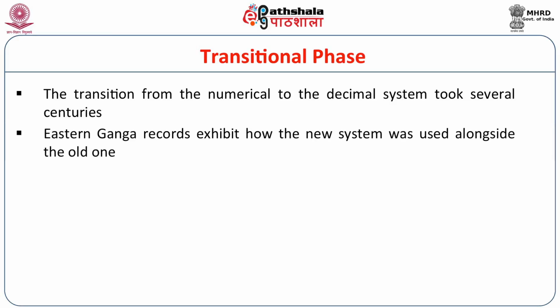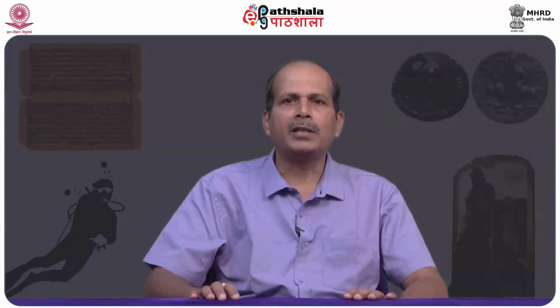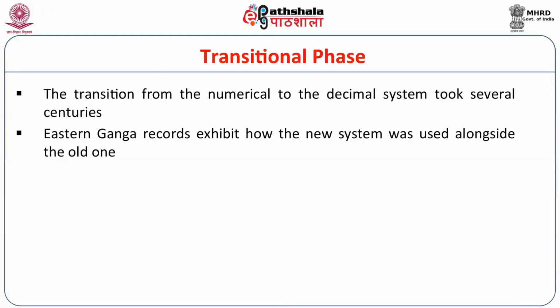The Eastern Gangas were ruling over the Kalinga region, that is the southern part of Orissa and northern part of Andhra Pradesh, and in their inscriptions there are a number of examples where the numerical system of notation was used alongside the decimal system, and that's why there was big confusion among the writers of the court about how to achieve perfection in the use of the decimal system of notation.